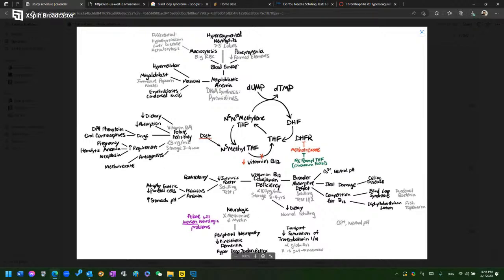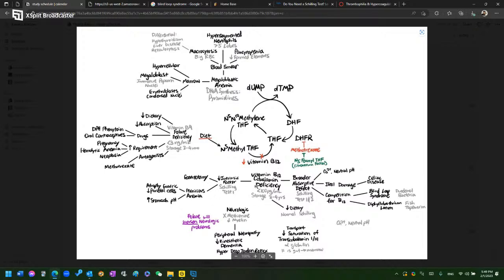Whereas if you give somebody with a folate deficiency vitamin B12, it's not going to fix the problem, but it's not really going to make it worse either, I don't believe. Part of me is wondering why you don't just give people... Well, okay.